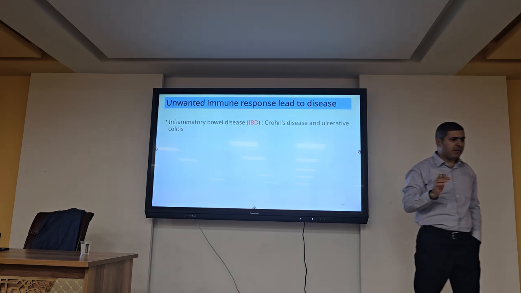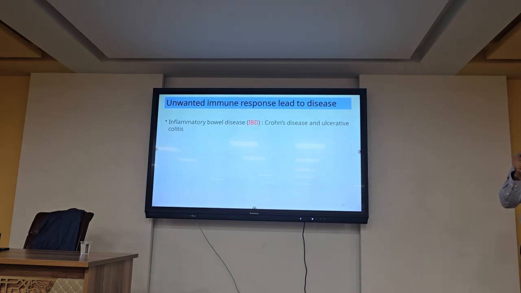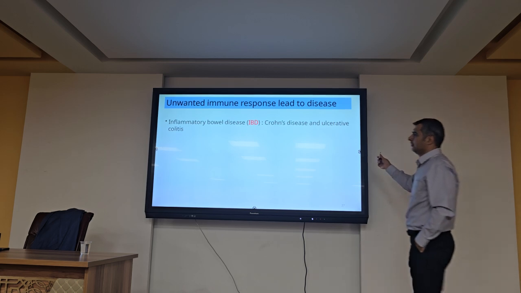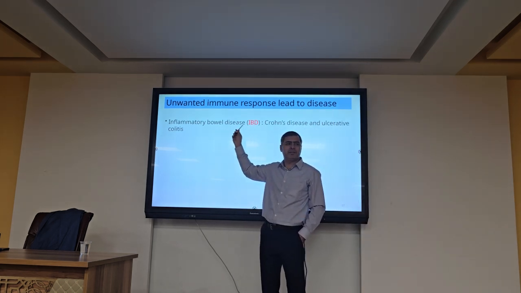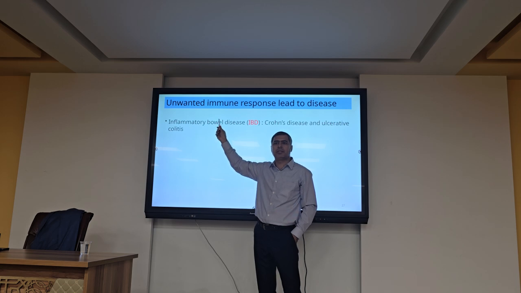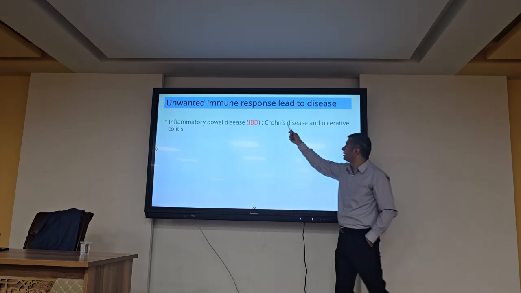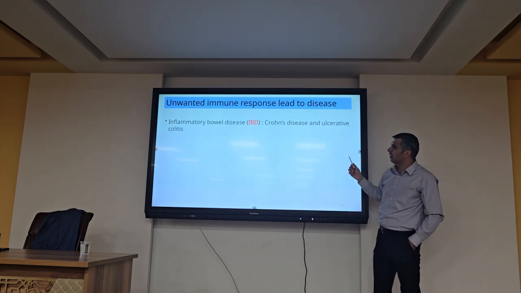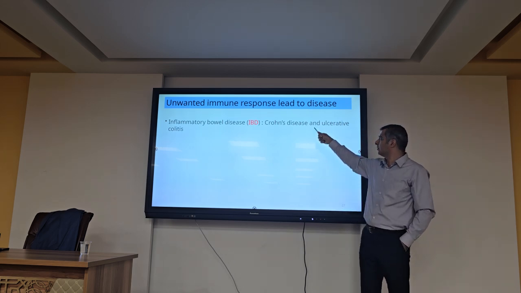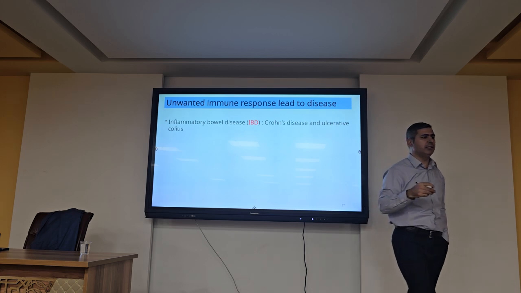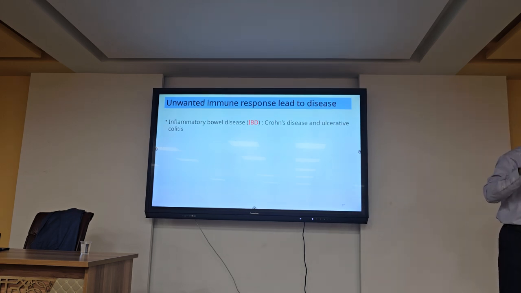If we have an unwanted immune response against normal flora microorganisms, some diseases may occur. For example, have you heard anything about IBD, inflammatory bowel disease? There are two kinds of IBD, Crohn's disease and ulcerative colitis. In both of them, we have an unwanted immune response against normal flora.